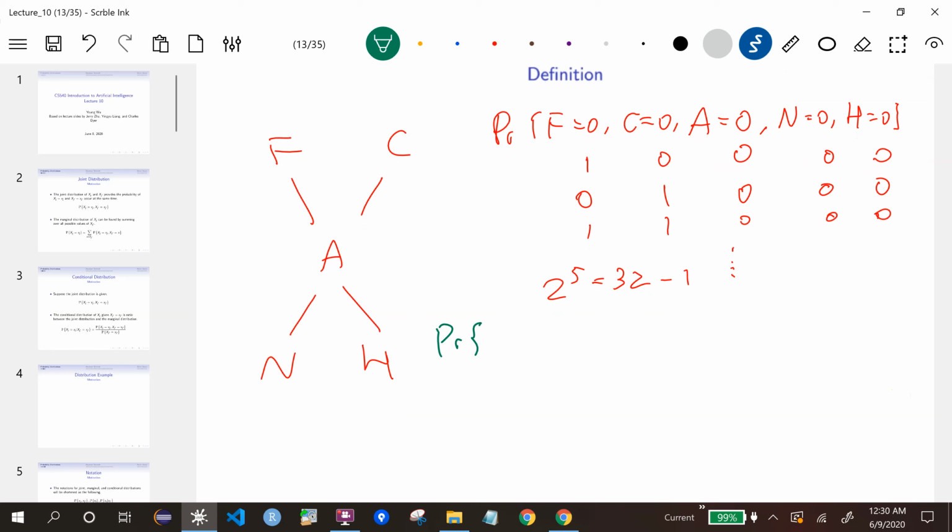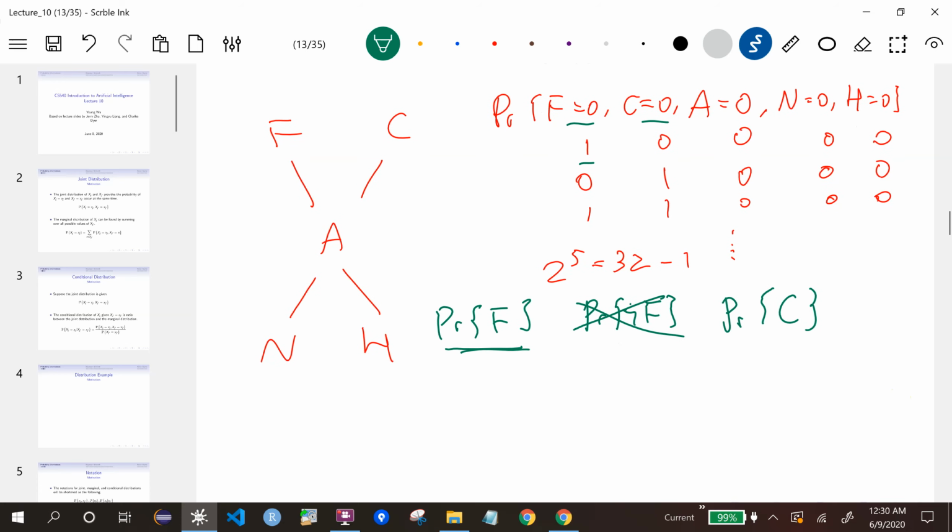Every time writing down 0 and 1 is kind of tiring, so I'll just write either that variable or not that variable. For example, we can say the probability of F and probability of not F. So there's a fire and there's no fire. They're related. If we store this number, this is just 1 minus that, so we don't need the other one. And then we also need C, because they are not conditioning on anything, so we don't need the conditional probabilities.